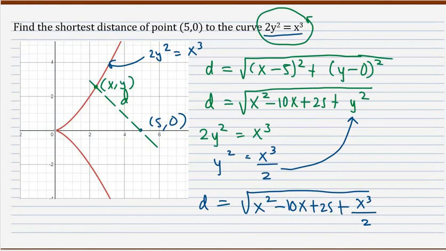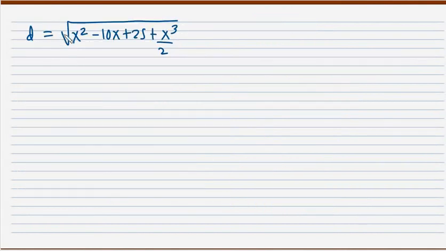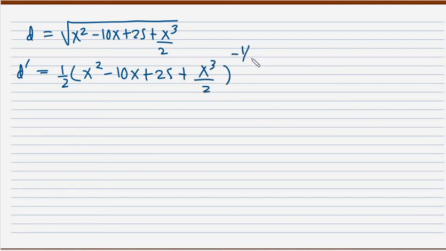Let me just check if I wrote the same equation. So now we can differentiate. We can get the derivative of the distance with respect to x, let's call it d prime. So we have 1/2 times (x squared minus 10x plus 25 plus x cubed over 2) raised to negative 1/2, and then the derivative of the inside, which will be 2x minus 10 plus 3x squared over 2.